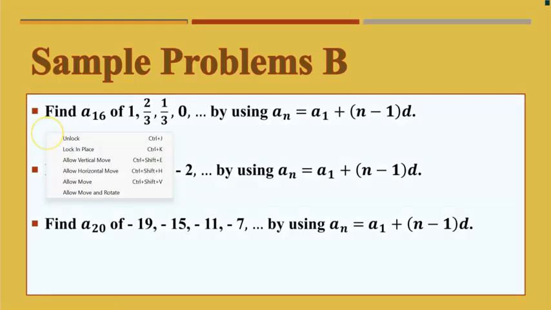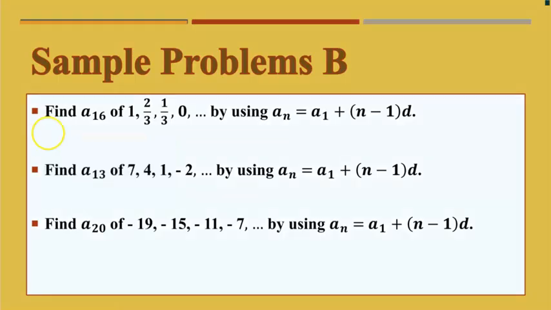So I need to find the 16th term. The first term is 1 plus 16 minus 1, and the common difference to go from 1 to 2/3 to 1/3 would be a negative 1/3.